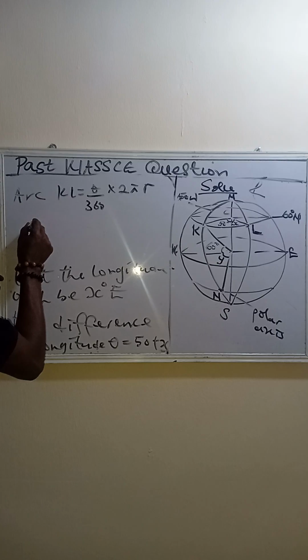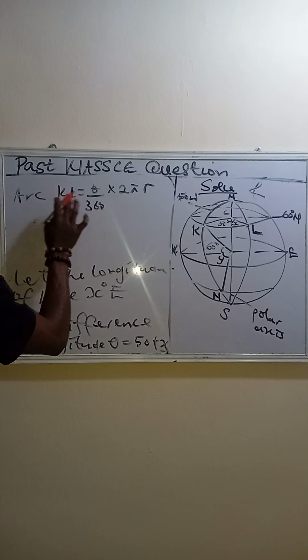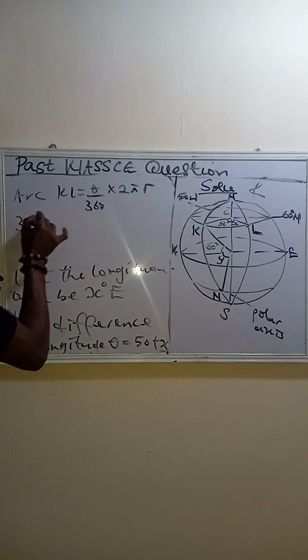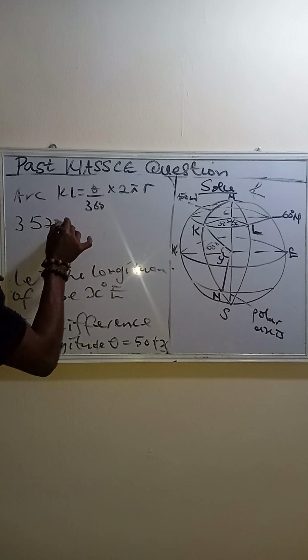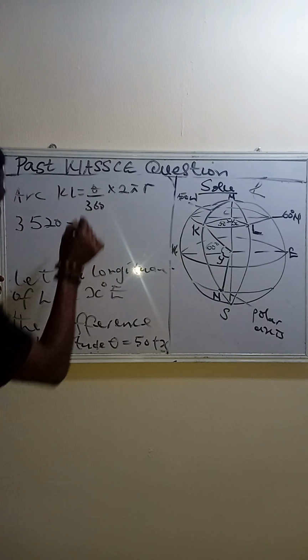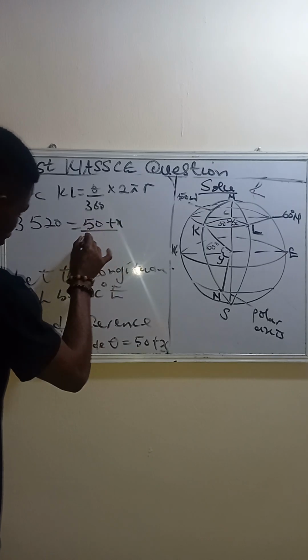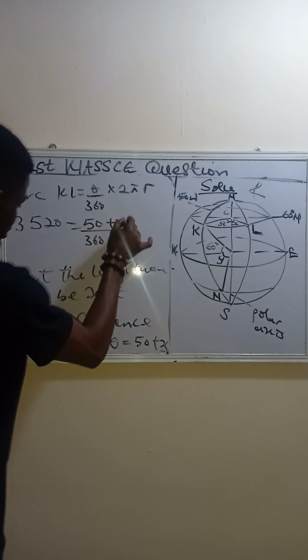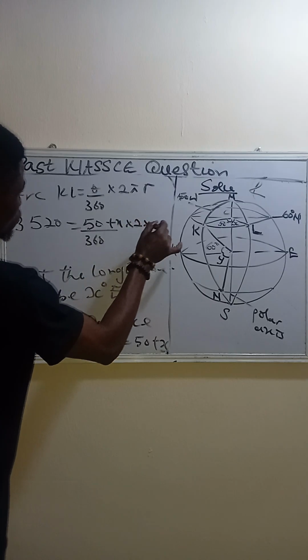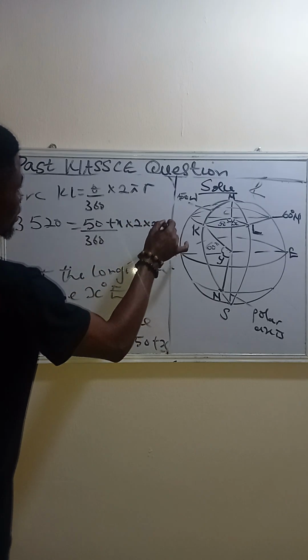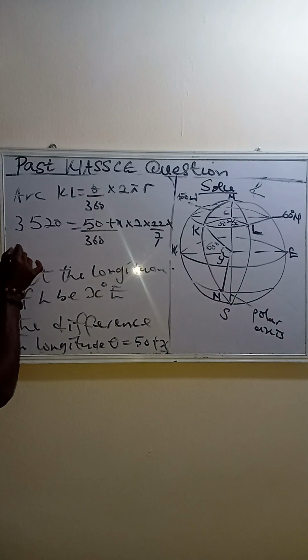Then what is our theta now? The distance between K and L is 3,520 kilometers. Then theta is 50 plus x over 360, times 2 times 22 over 7, times what is our r?